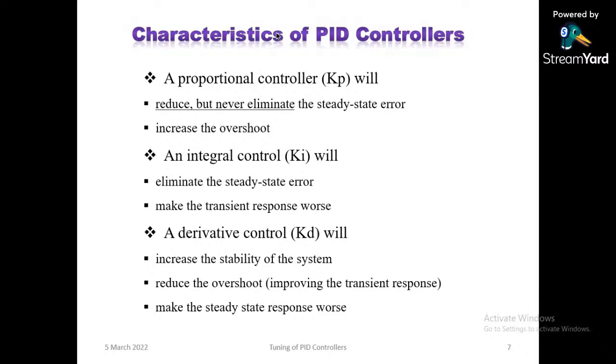It is reducing the steady state error, well and good, right? But while doing this, it is increasing my overshoot, or it adversely affects the transient response, right? This is what the proportional controller does.